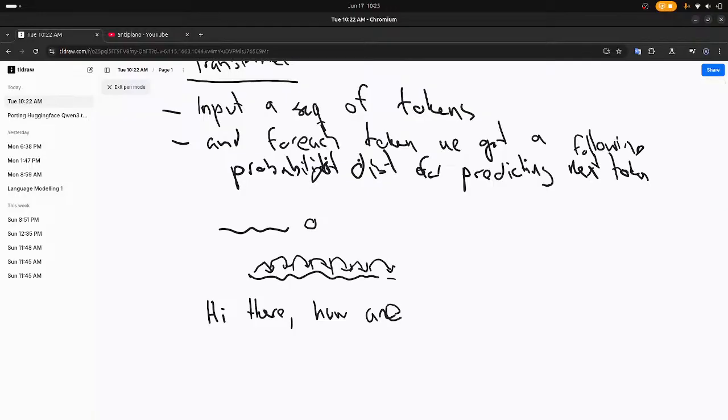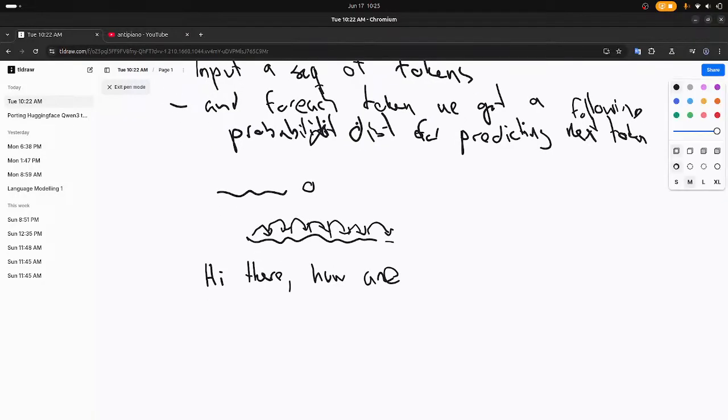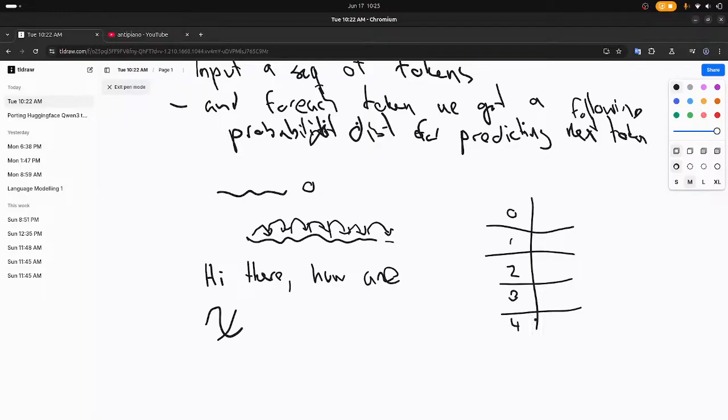So the first thing we will need is a vocabulary, X. And we can think of it as a dictionary where it says 0, 1, 2, 3, all the way until some number of different tokens that exist in our vocabulary. And for each of these we have then a word.